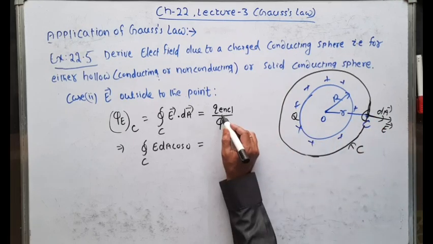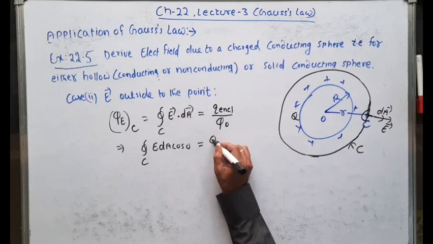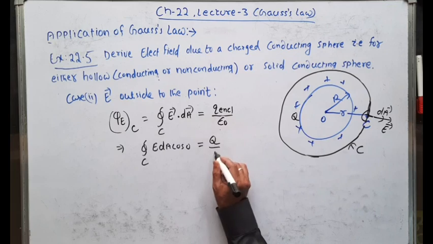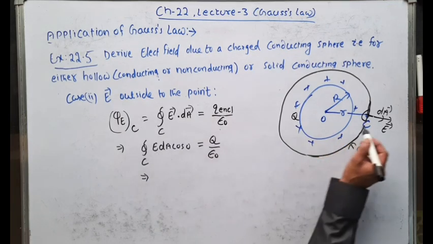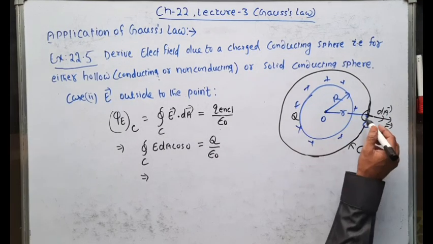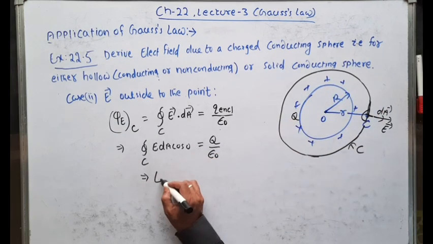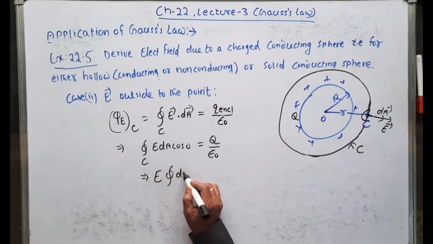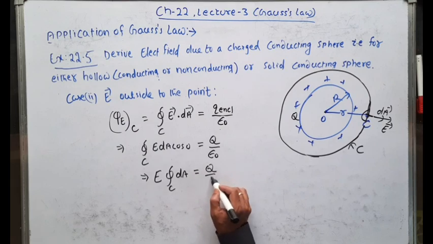So the total charge enclosed by this Gaussian sphere is Q divided by epsilon naught, Q by epsilon naught. E is constant because the Gaussian sphere is symmetrical about this O point, so at every point on the surface the electric field intensity is constant. So bring E outside. And what is the surface integral of dA on the C surface?